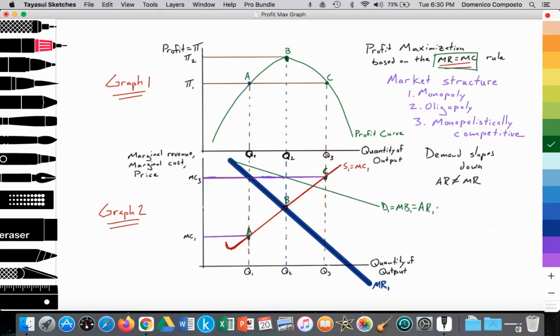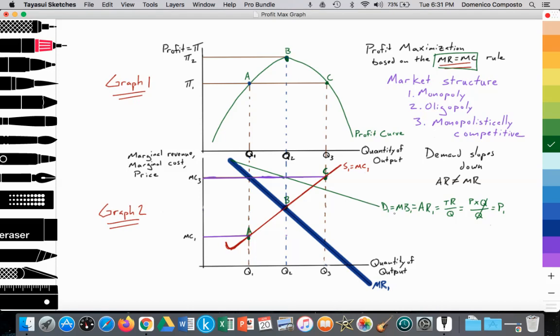And we know that average revenue is equal to total revenue divided by the quantity of output, which is another way of saying price times quantity divided by quantity. These cancel, so essentially AR equals price, which makes sense, since our demand curve reflects the prices that consumers are willing and able to spend on a particular good or service.